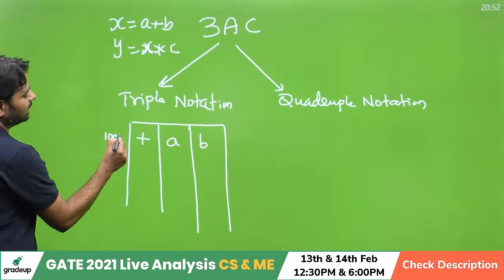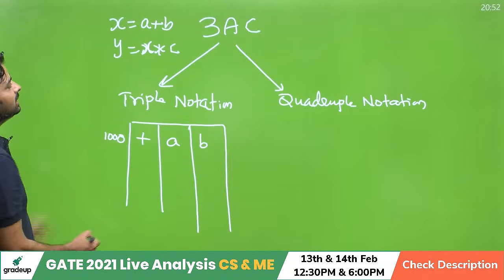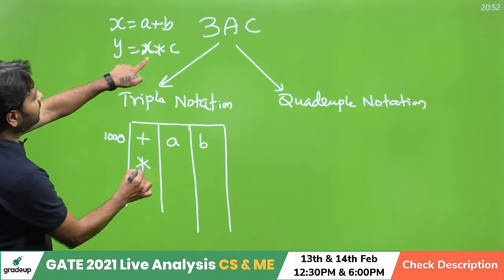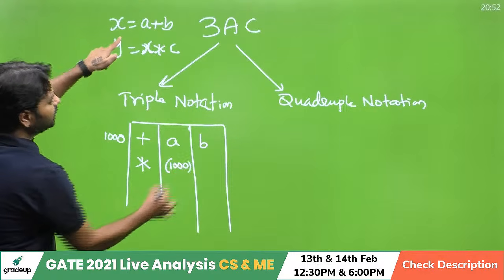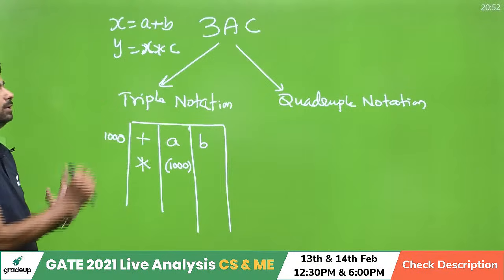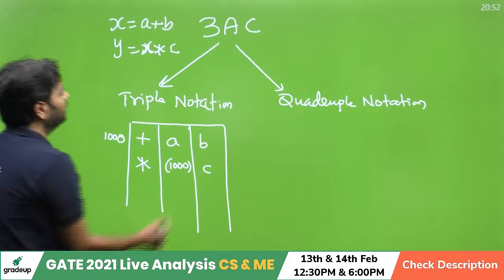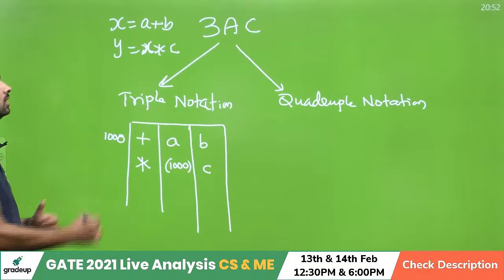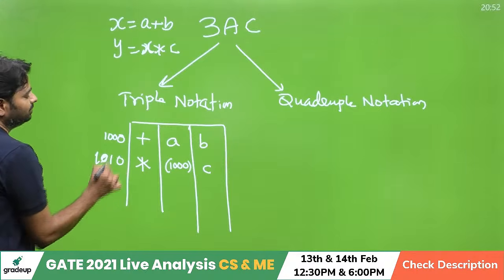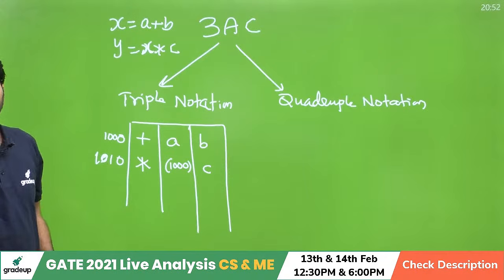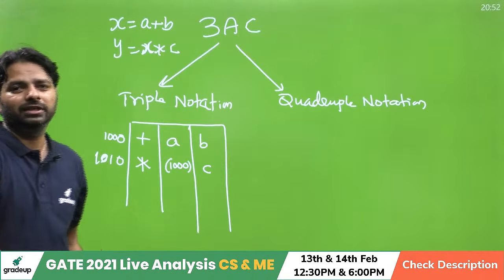Let's say 1000 is an address. Next, multiplication is the operation. X is nothing but an address, so you use 1000 here, because 1000 is nothing but a plus b, and c is there. And y we are not going to use, we represent it as an address, let's say 1010. Everybody?